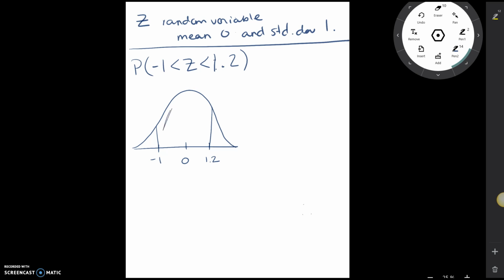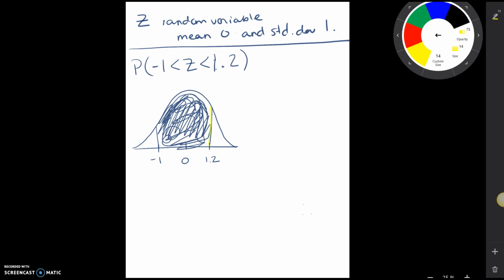So I'm going to shade in that area. Now, the table will tell me two things. The table is going to tell me the area to the left of 1.2. So if I look up 1.2 on the table, it's going to give me the yellow piece. If I look up -1 on the table, it's going to give me the green piece. So notice if we take the yellow area minus the green area, we're going to be left with the shaded area, which is what we wanted.